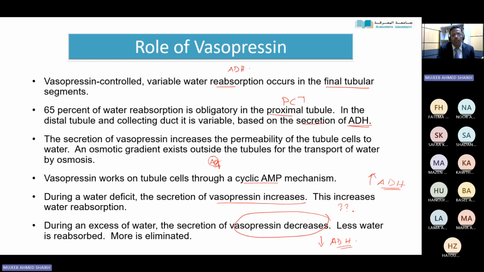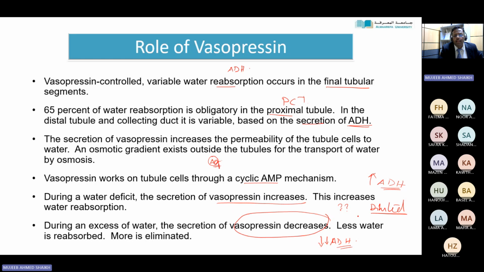If you drink a lot of water, maybe 2-3 liters at a time, what will happen to the ADH? ADH will decrease, but what will happen to the tubular fluid or urine? It will increase. Diluted urine will be formed.